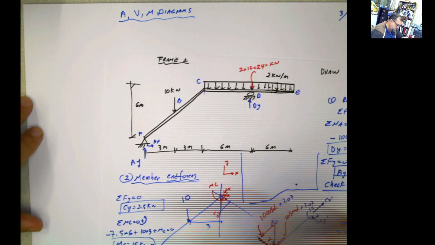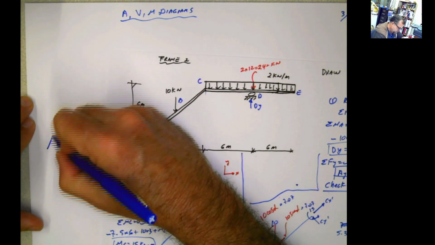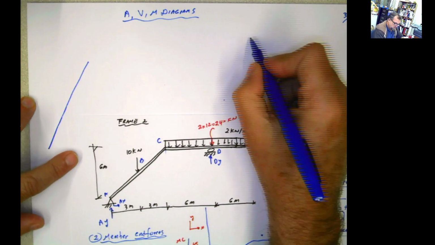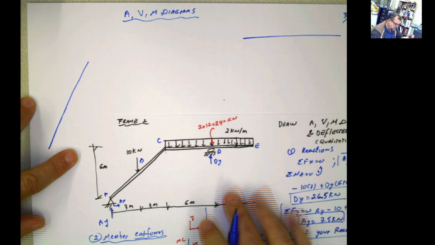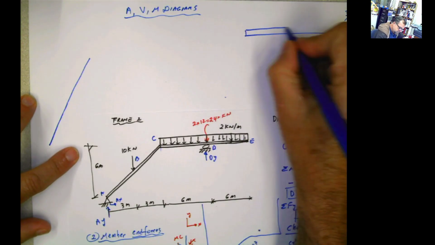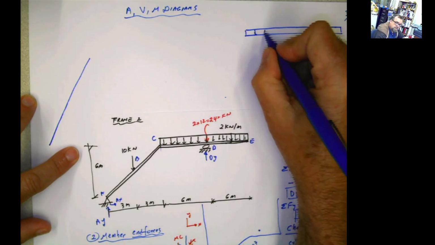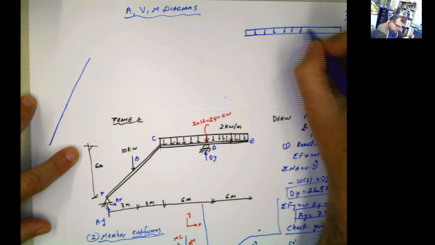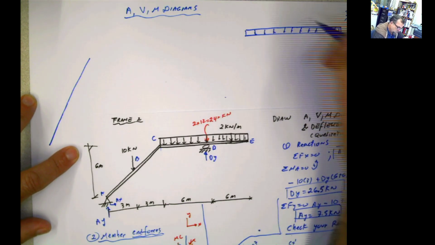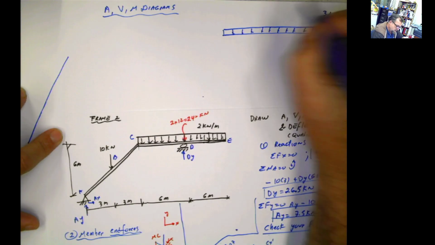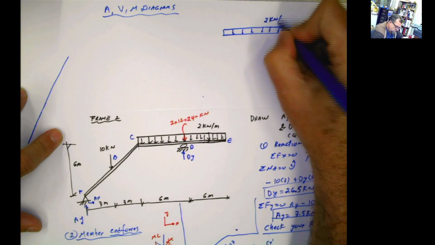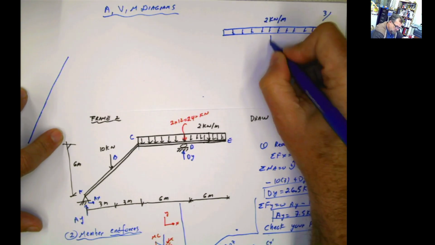So I'm going to put the member here, inclined. And I'm going to put the other member somewhere here, horizontally like that. You don't have to copy this every single time. I'm just doing it for explaining you while you study.